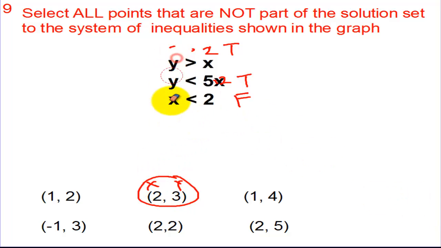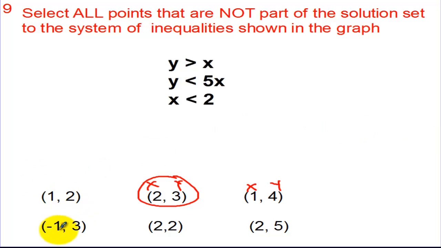Next, (1, 4). So again, x equals 1, y equals 4. Is 4 greater than 1? Okay, that's true. Is 4 less than 5 times 1? Yes, that's correct. And then is 1 less than 2? So this is correct. So this is a solution. But remember, we're trying to find points that are not part of the solution set.